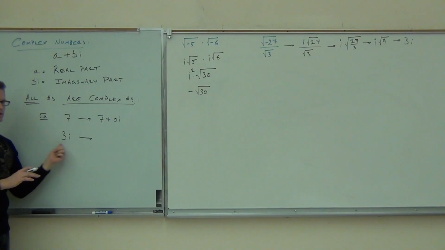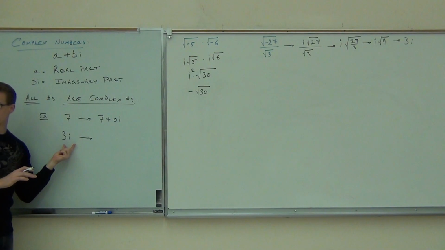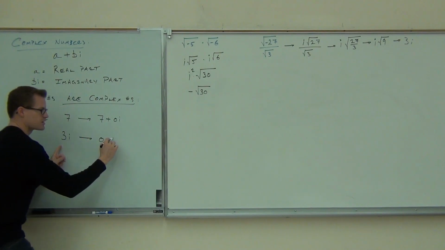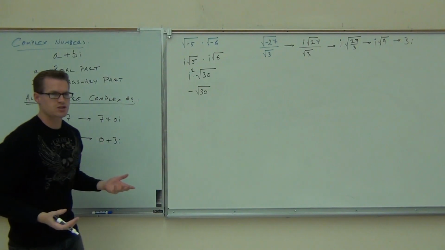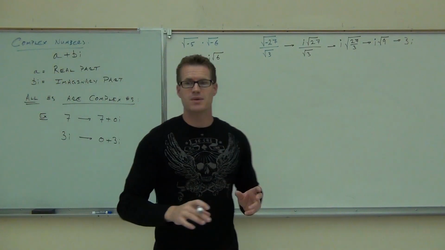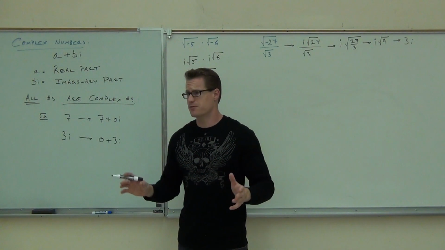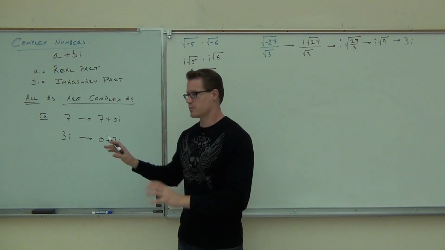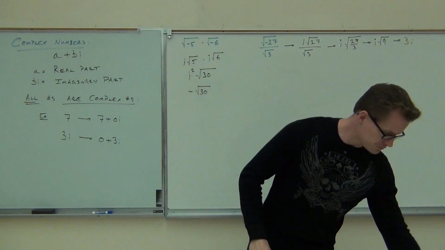What's my real part? 0. It's not 3. This is part of the imaginary part. Are you with me? So the real part would be 0 plus imaginary part's 3i. Every imaginary number is automatically a complex number. That means that every number you've ever had in your life, every number that exists, is automatically, without a doubt, a complex number. It's the biggest set of numbers we have.